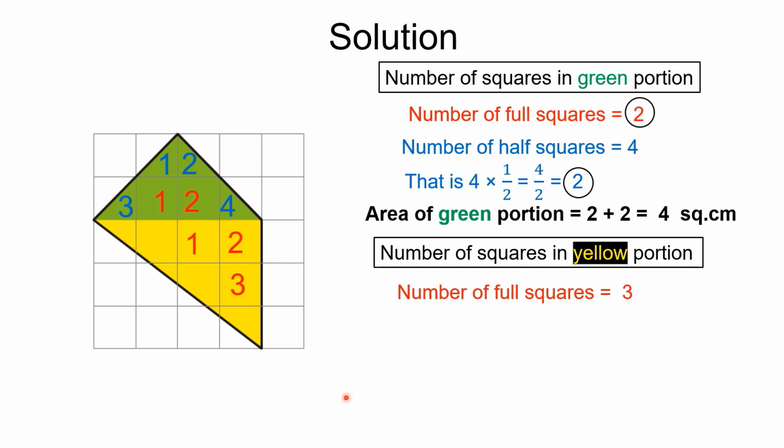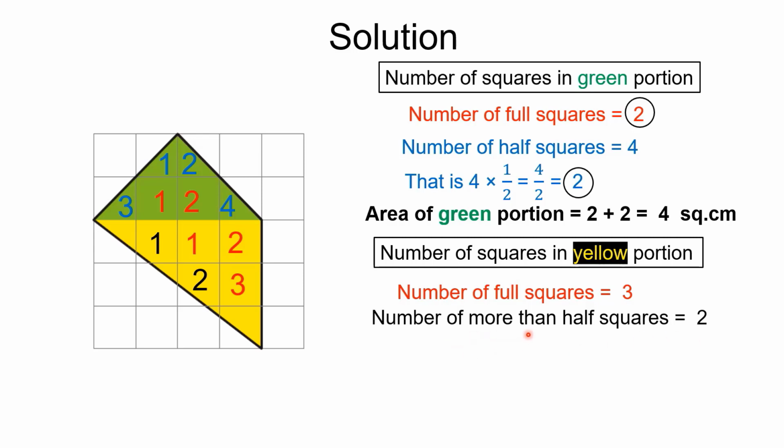Let us count the number of more than half squares. Number of more than half squares is 2. We have to remember one thing. Each more than half square is taken as a full square.